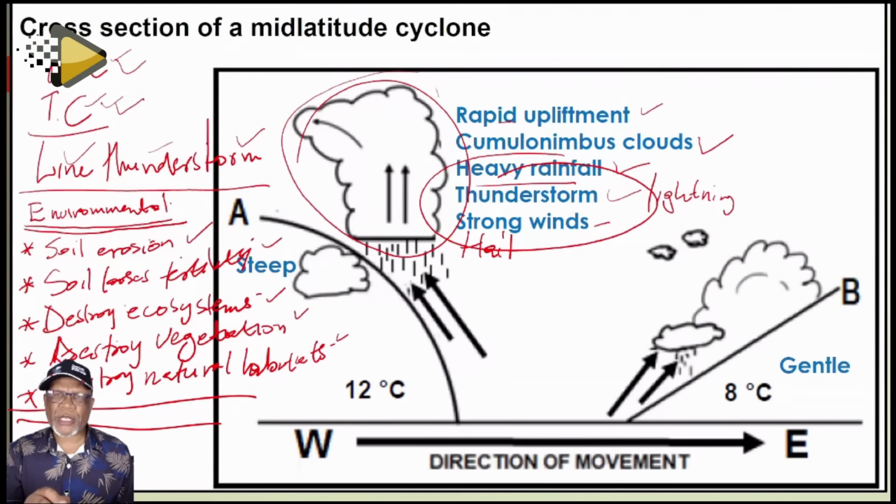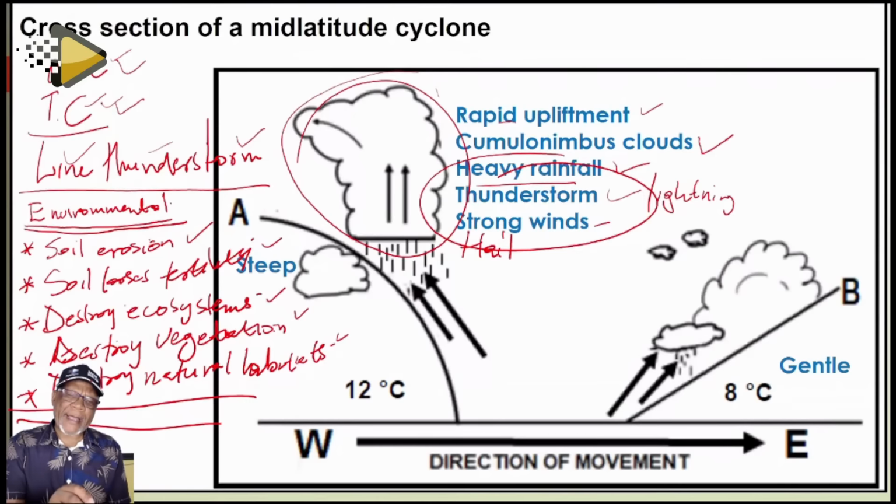So long as the question wants you to say the impacts on natural environment, you must know it is soil erosion. The soil will lose its fertility. It's going to destroy ecosystems. It will destroy vegetation. Whether you say vegetation or natural vegetation, it is still the same thing, because vegetation is natural. And you can say it also destroys natural habitats.